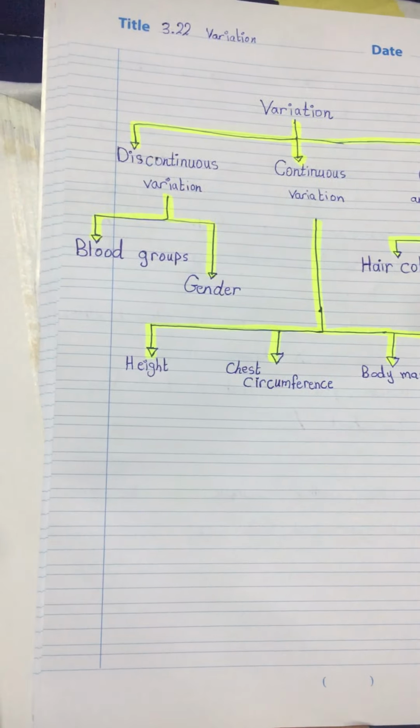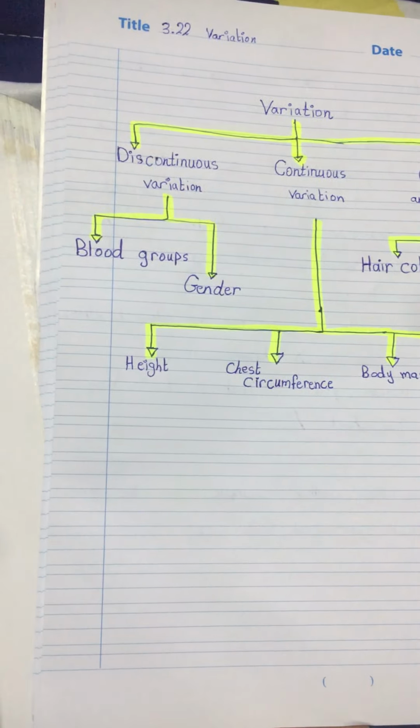Actually, we have mainly three features for discontinuous variation. Here you have to know that it's easy to place a discontinuous characteristic into definite categories. So, in discontinuous variation, an organism can easily be placed into definite categories. This is the first feature.